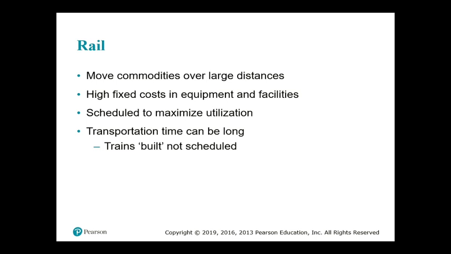So a lot of times trains would sit before departure for a long time before a sufficient number of cars are built. And a push is to reduce some of these built scenarios and then include more scheduling and release the constraints of having to build a certain number of cars.